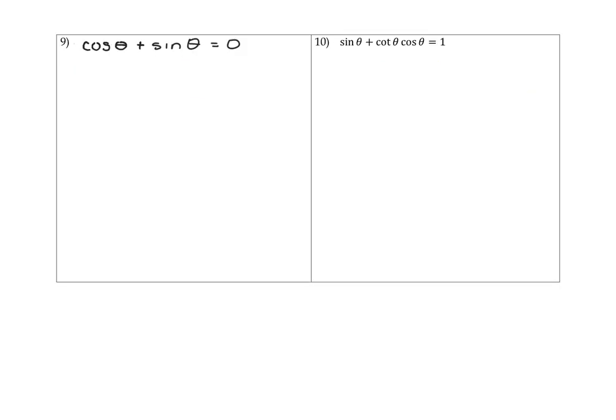Okay, so this one, I've got both cosine and sine. So I'm going to divide both sides, or all terms of this equation, by cosine theta. The reason why I chose cosine is sine over cosine is tangent. So this becomes 1 plus tan theta equals 0.